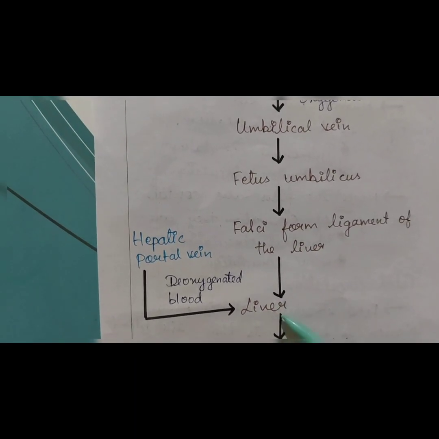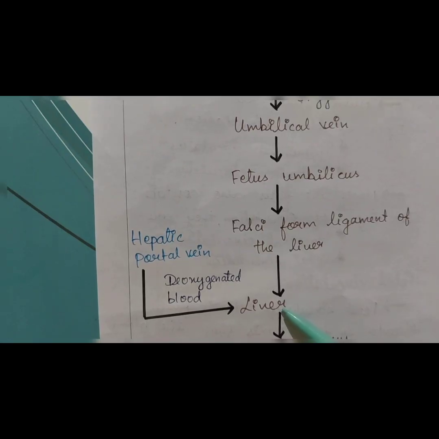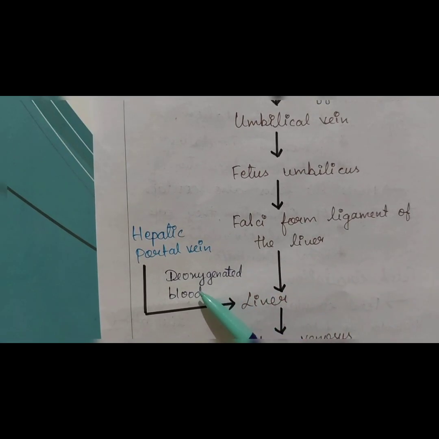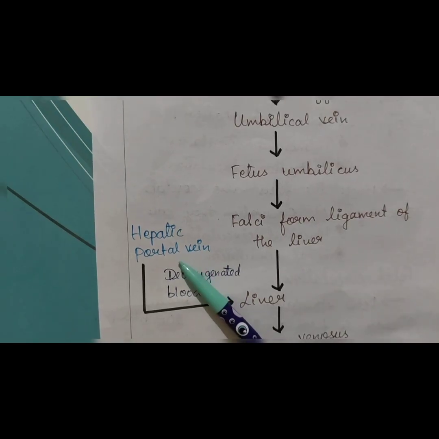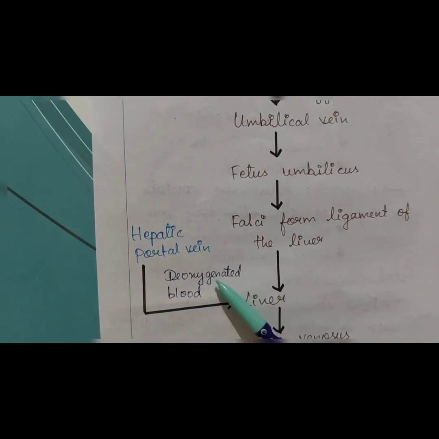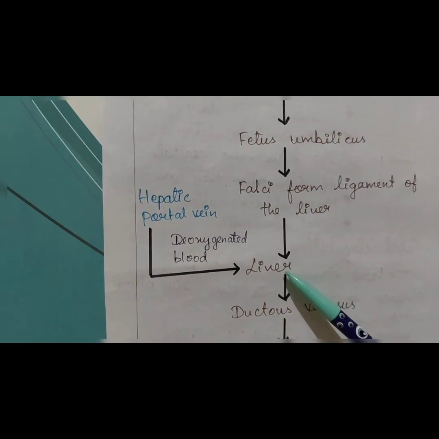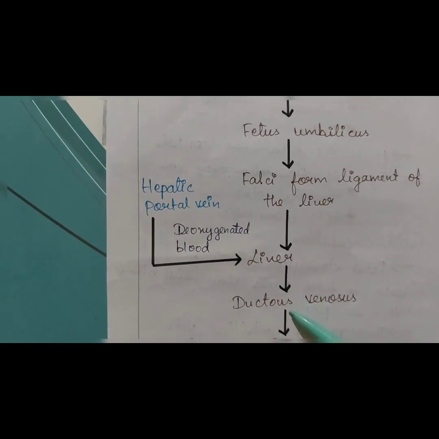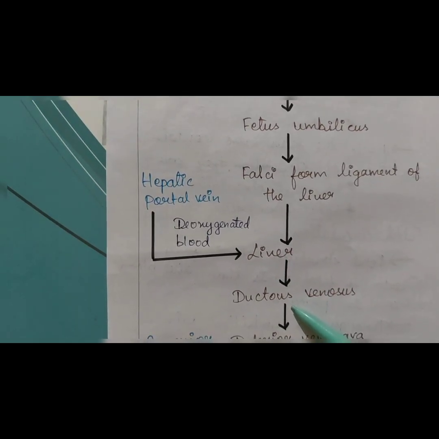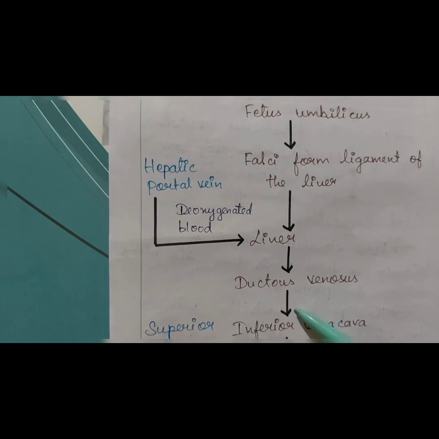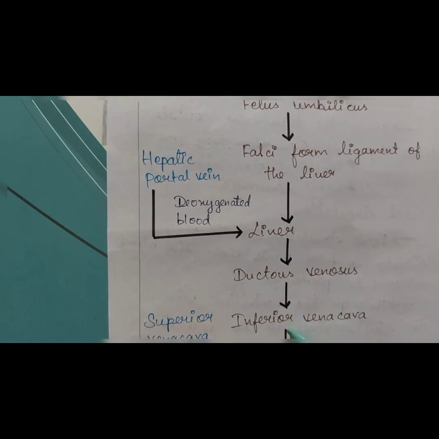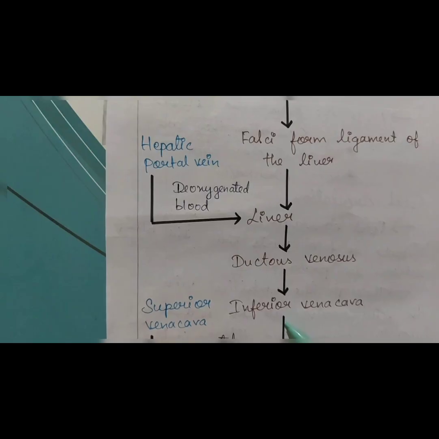Then it reaches the liver. When the blood enters the liver, deoxygenated blood is received from the hepatic portal vein in the liver itself. Next, the mixed blood enters the ductus venosus, and after that it enters the inferior vena cava.